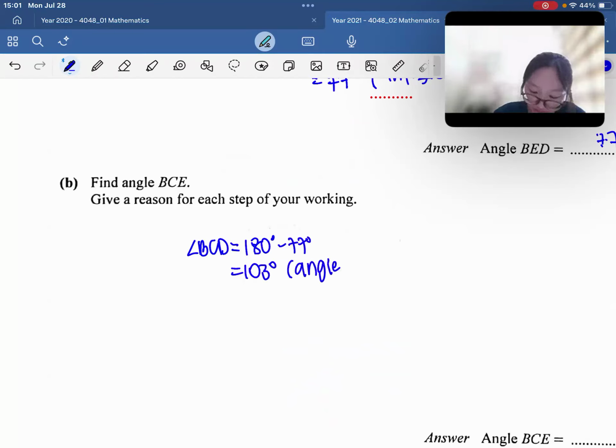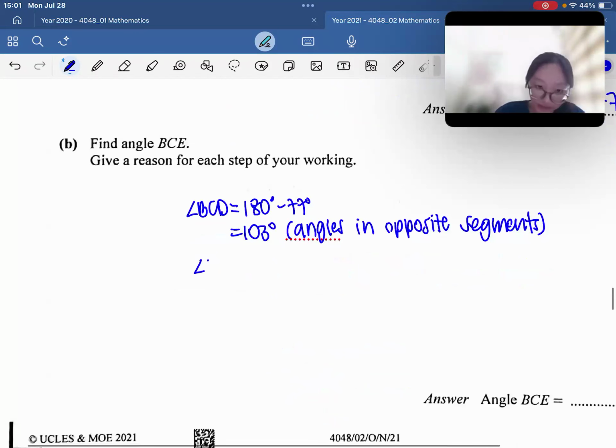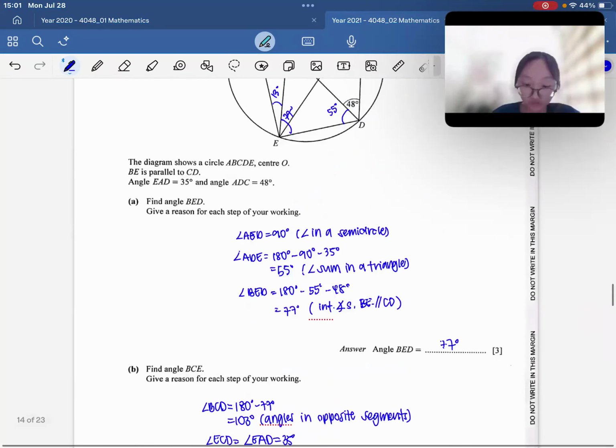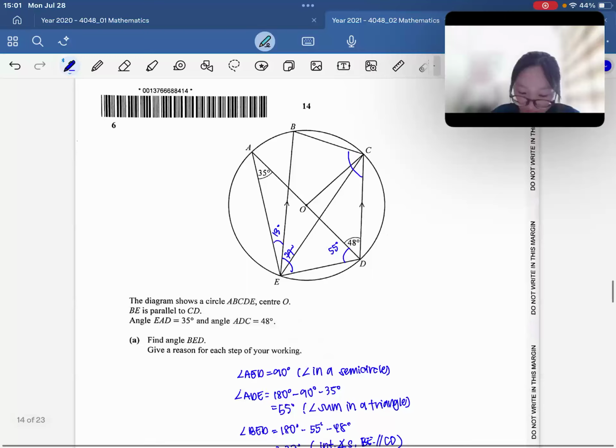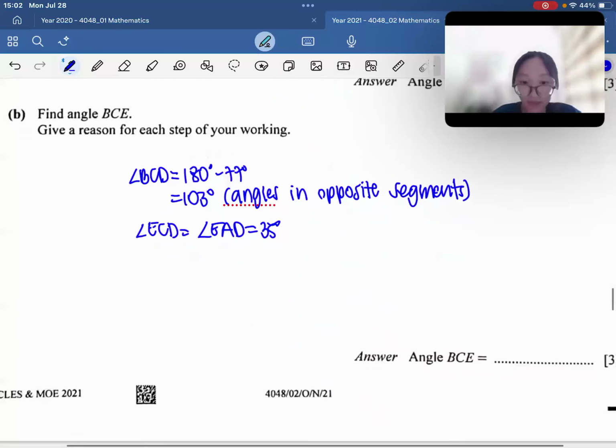Angles in opposite segments. Then we know that angle ECD equals angle EAD equals 35 degrees, because these are angles in the same segment.